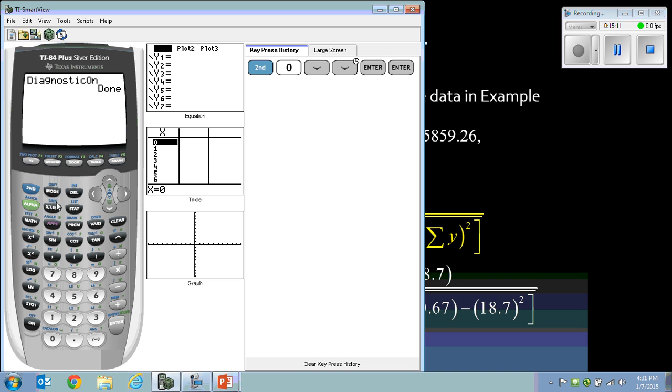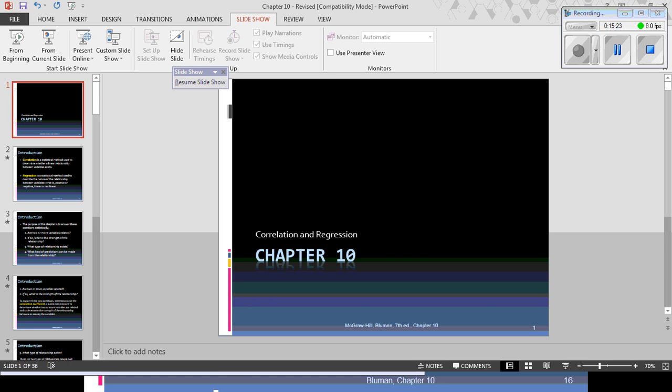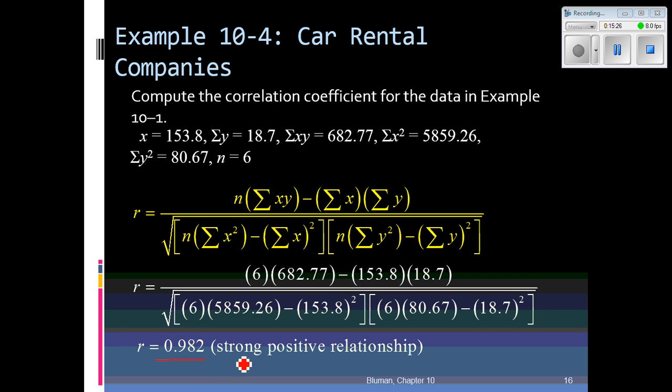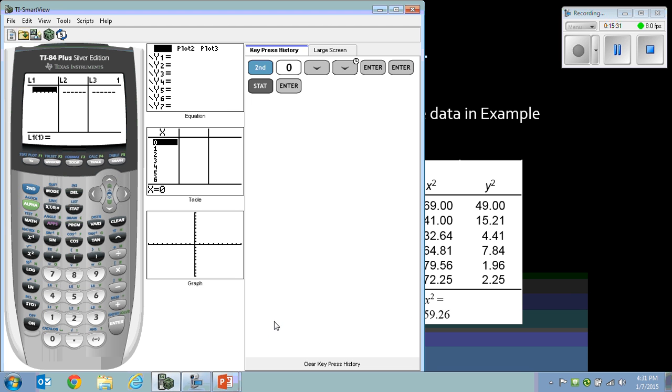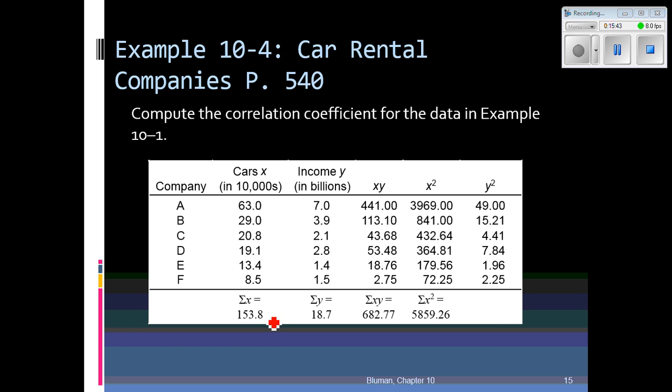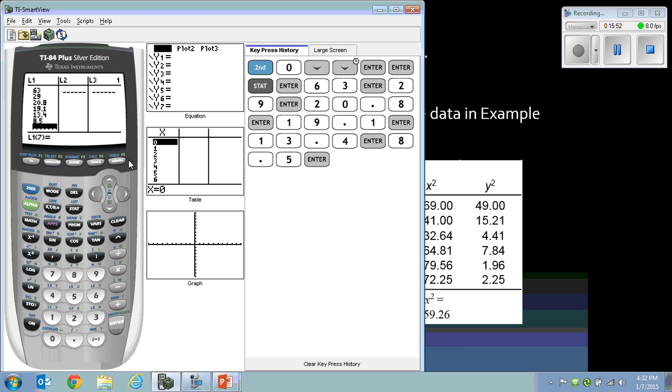Now what we do is we go into stats and we edit, and we're going to put all those numbers in. So the numbers are 63, 29, 20.8, 19.1, 13.4, 8.5.